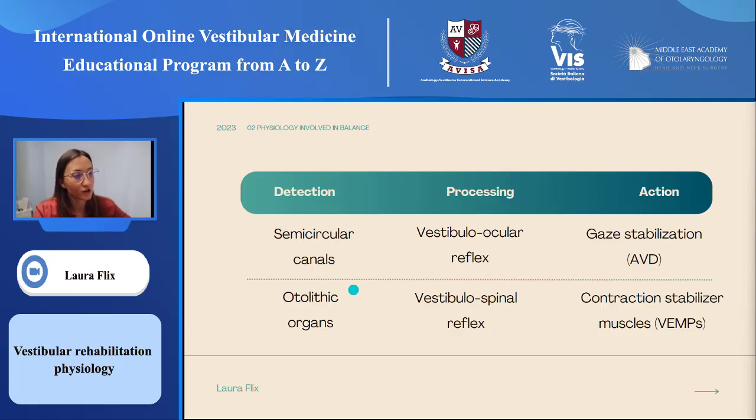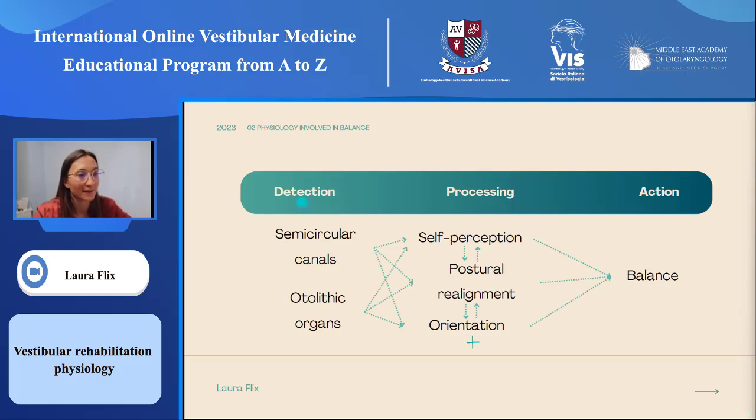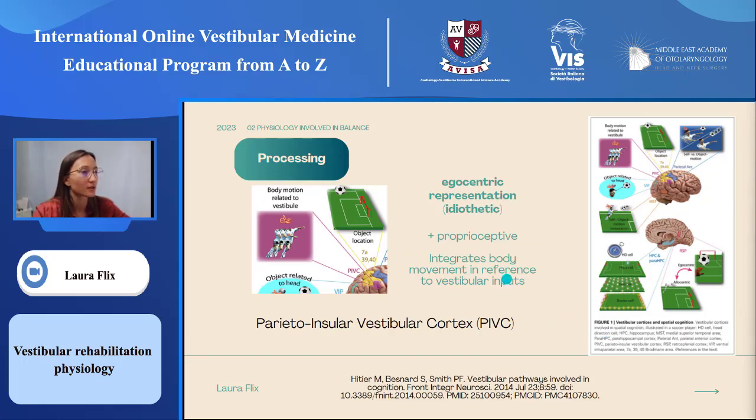But also we will have the otolith organs that will detect, and we will have the process of the vestibulospinal reflex, and we will have the contraction of the stabilizing muscles. But when we are in the balance part, it will be more complex, because all the detection, all the information that is going to start with the semicircular canals and the otolith organs will interact a lot in the self-perception, the postural realignment, and also the orientation, to finally have an output that is balance, no?